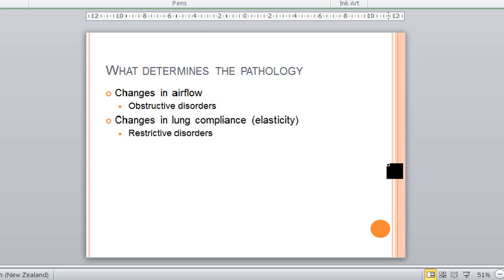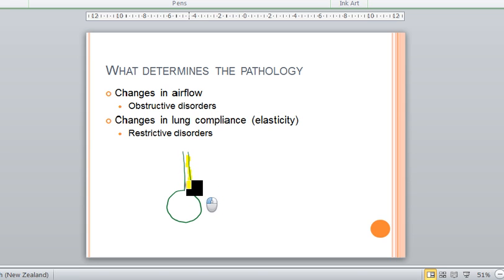So what determines pathology? I want you to think about two situations. One is that I have my airways and they terminate in my alveoli, and all of a sudden, let's say that I have a cold and I have an irritation and inflammation of the mucosa, and I'm producing mucus.